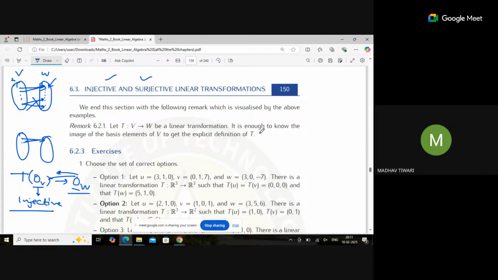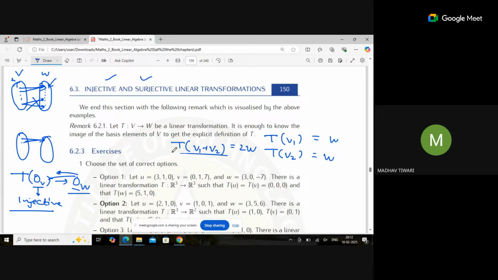So why is it so? Suppose I have two vectors that have the same images, T(v1) and T(v2), both equal to the vector w. What I can write is that I can add these two left hand sides. So what will I get? The transformation of v1 plus v2 will be equal to 2 times w.